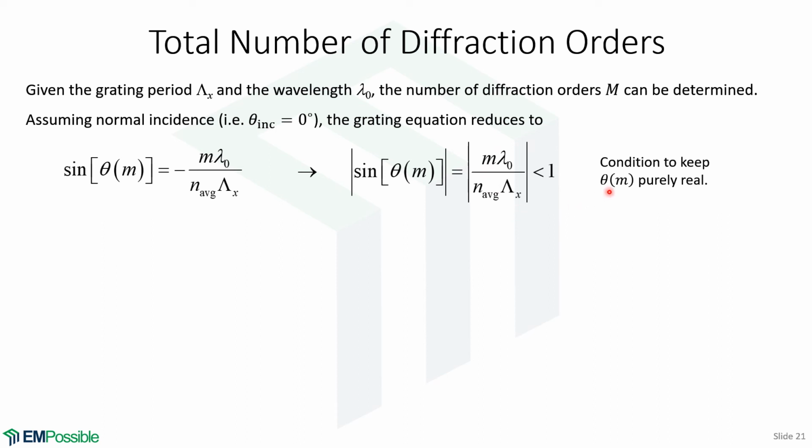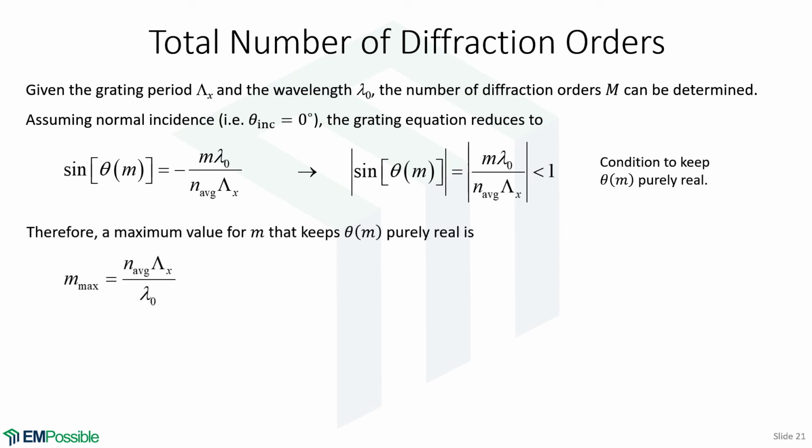That will keep our angle purely real and our diffraction orders not cut off. So what is the biggest value of m that does that? Well, we take this and solve it for m. The maximum value of m is the refractive index where we're observing the diffraction times the period divided by wavelength.